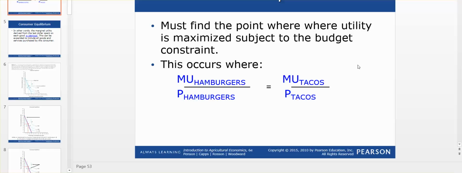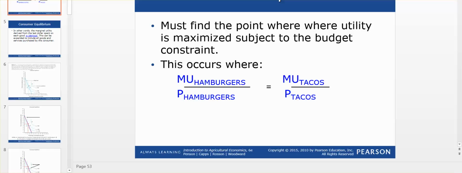Let's talk for a moment about consumer equilibrium. When we have a budget constraint, we may have only a maximum amount that we can spend on buying a product. So consumer equilibrium is defined as the consumption bundle, or in other words, how much we would buy of each product, say we have 2 different products that we want to buy, that maximizes the total utility.